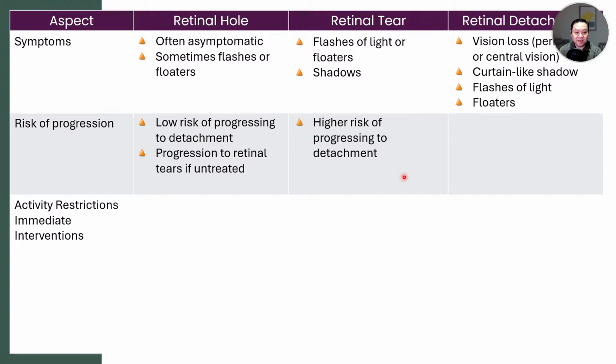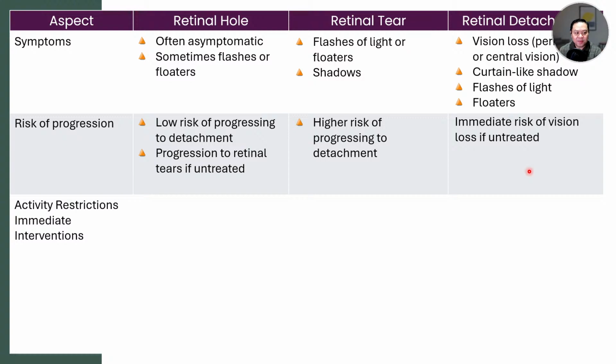If there is that space that will be created, if it will start detaching from the choroid, then it can really worsen. Now, for retinal detachment, your patient here is at a higher risk to have that blindness, immediate visual loss.